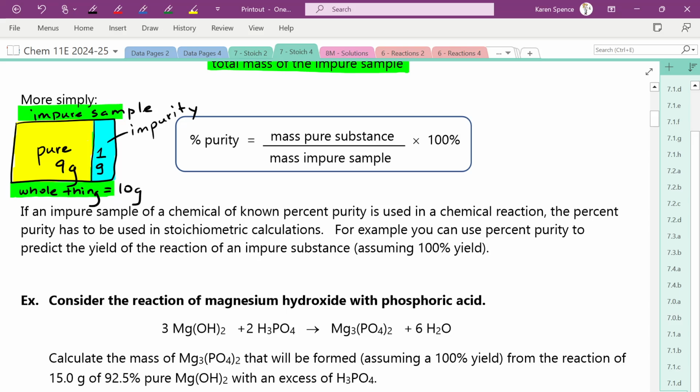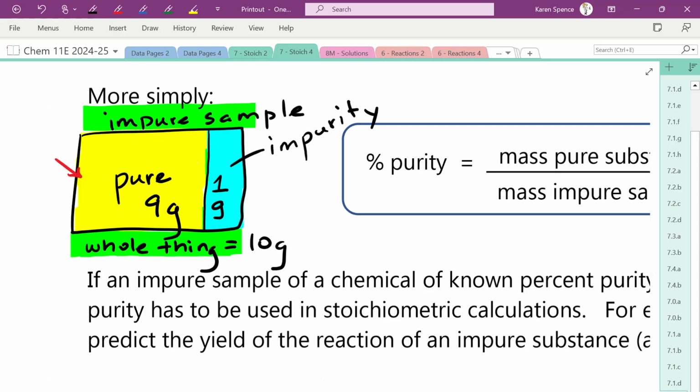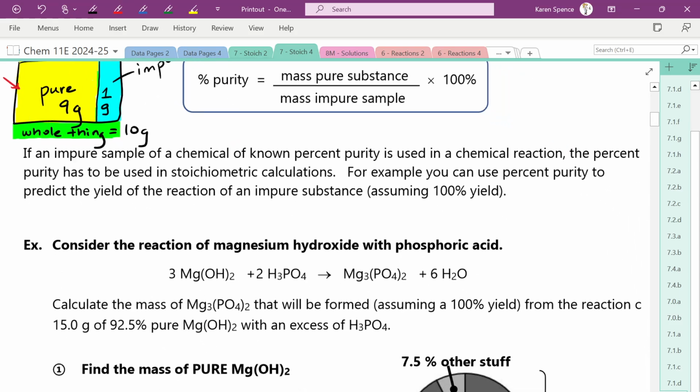Because if I'm reacting my pure stuff, and it reacts with the other reactant, 1 gram is not going to react, because it's something else that doesn't react. Does that kind of make sense? We'll do an example. Hopefully it'll make more sense once we do an example.